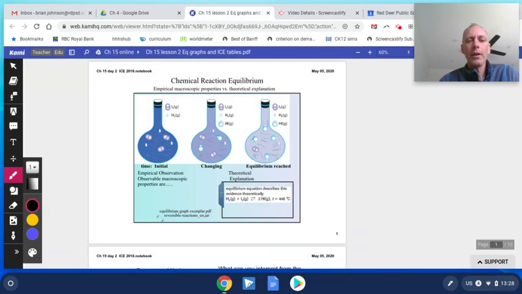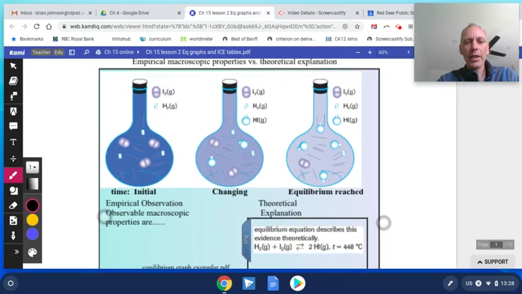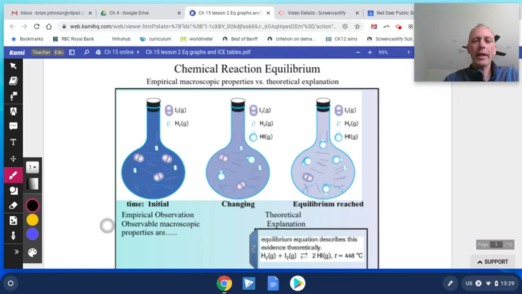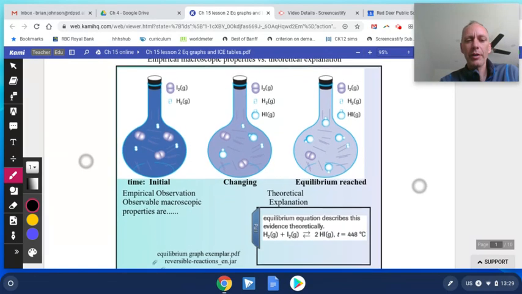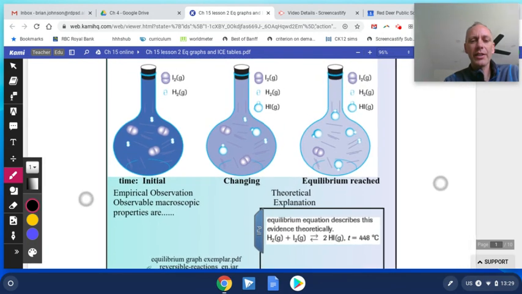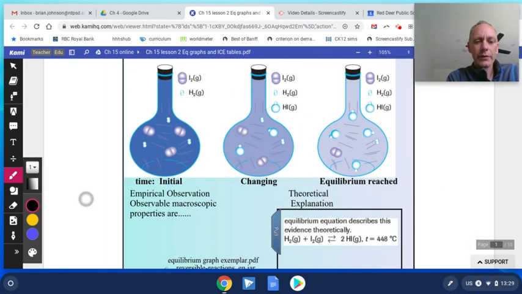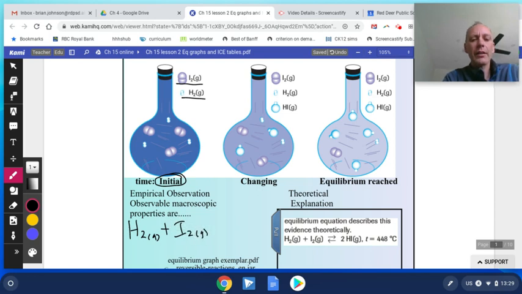Okay, so let's launch into today's topic: chemical reaction equilibrium. What I've got here is an experiment that's running, and this is initial. This is our flask at the start, and it is all iodine and hydrogen, separate. So we have H2 gas reacting with I2 gas, hydrogen and iodine.